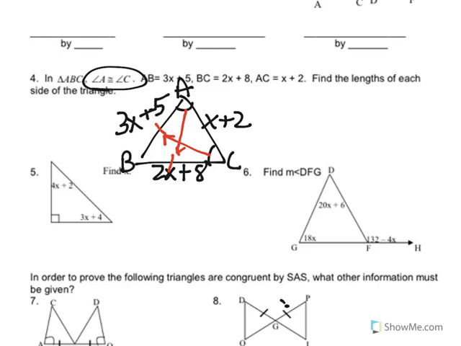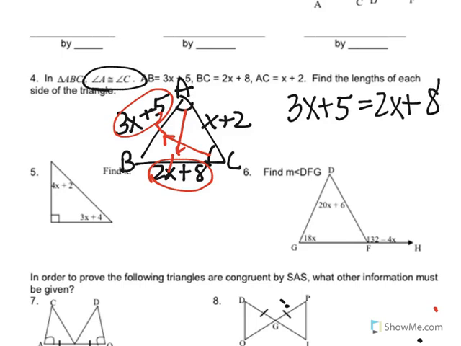So in order to set this up, to find the lengths of each side, we need to take these two sides and set them equal to each other. So 3x plus 5 is going to be equal to 2x plus 8. And when you solve that out, you end up with x equals 3.